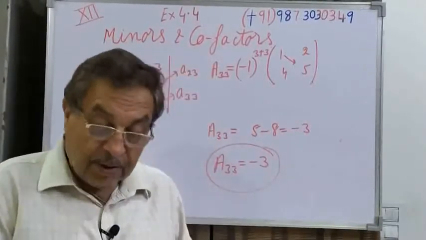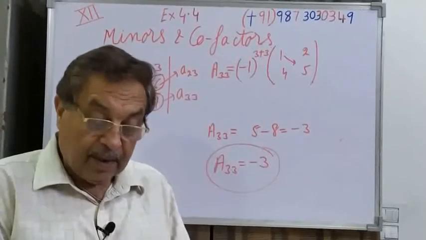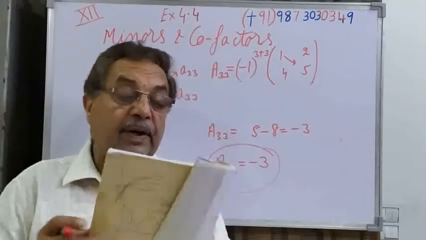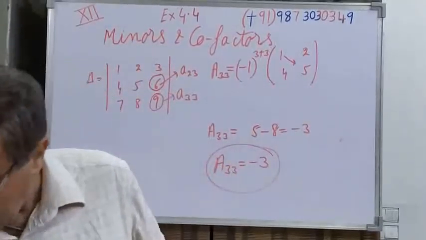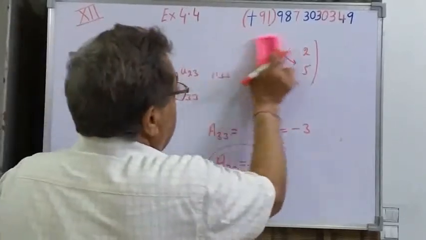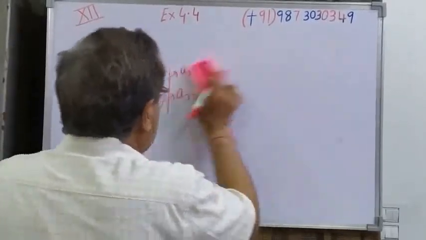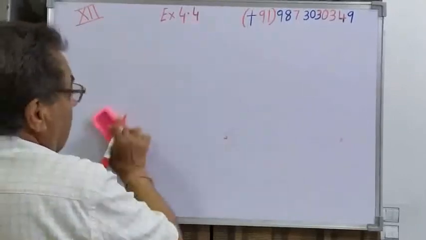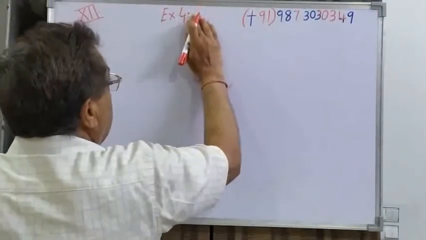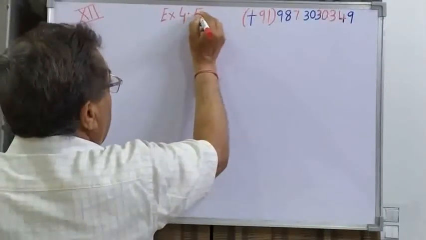So next, for 4.5, we will go for the adjoint of a matrix. What is the adjoint of a matrix? Let us move ahead and find it. It will be used in exercise 4.5.